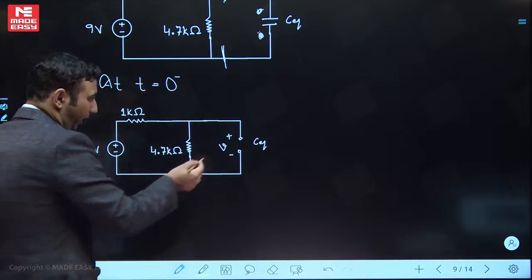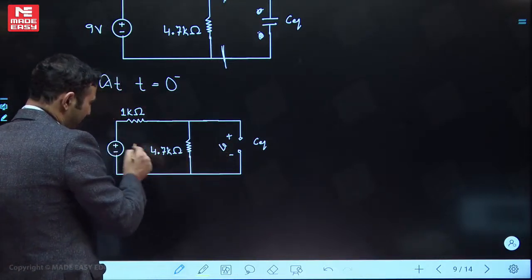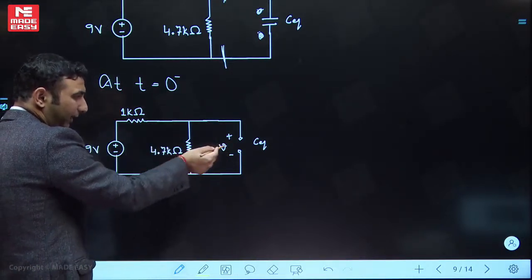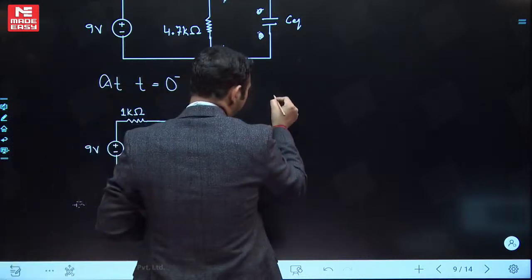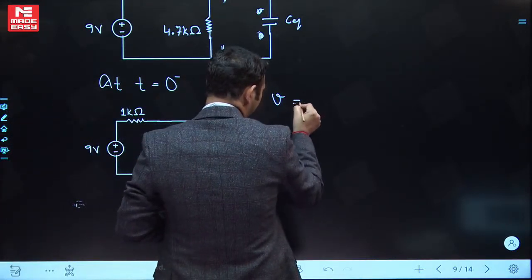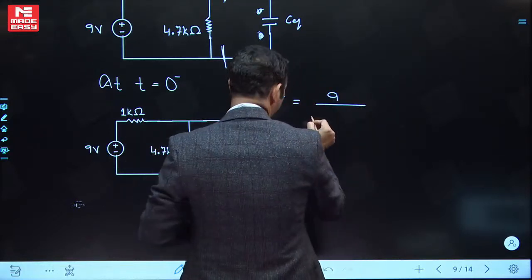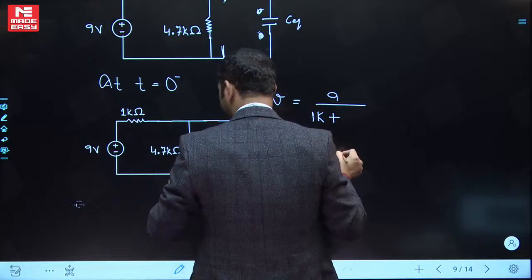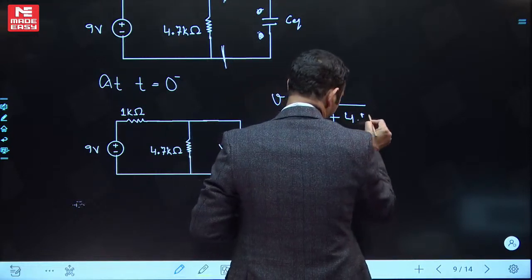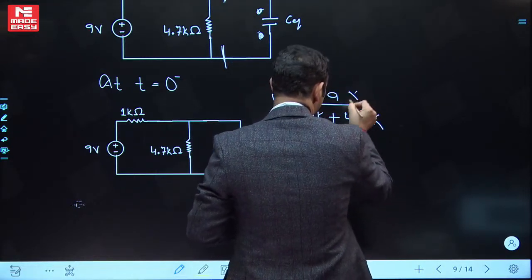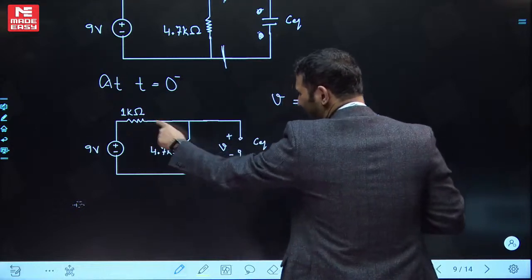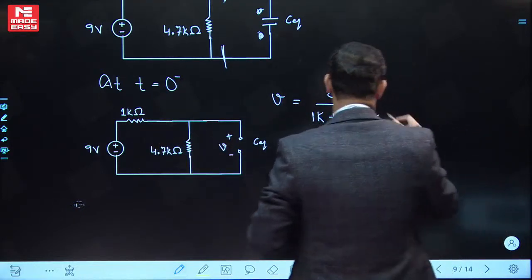So now I want the voltage V, apply the voltage division rule, I'll get my answer. So you can see the voltage V will be equal to 9 divided by 1K plus 4.7K, multiplied by 4.7K.